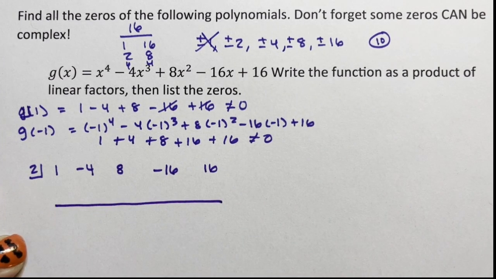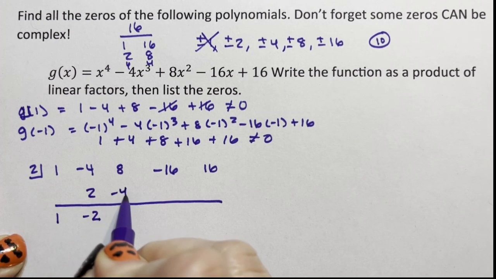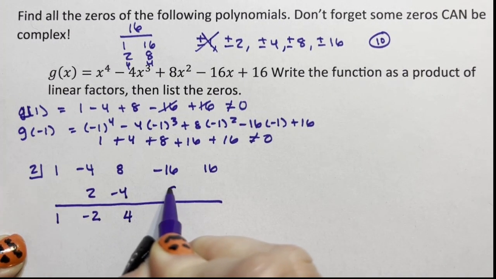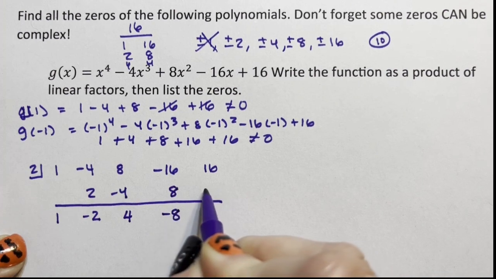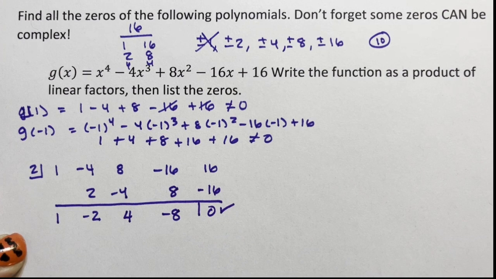I always like to double check that it's 4, 3, 2, 1, 0, because sometimes there is an x exponent that is missing, and you have to fill in with a 0. All right. Multiply, add down, multiply, add down, multiply, add down, multiply, add down. Yes! It is very satisfying when we find one of our zeros. It makes me very, very happy.